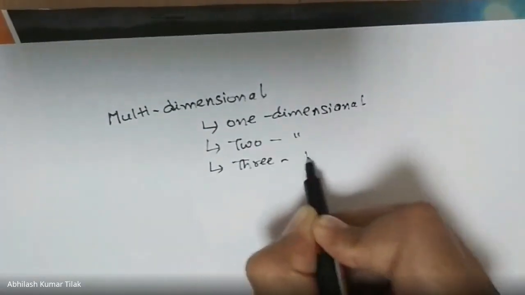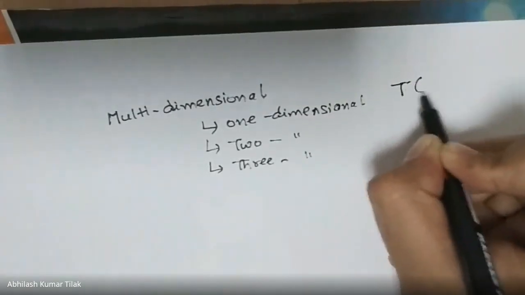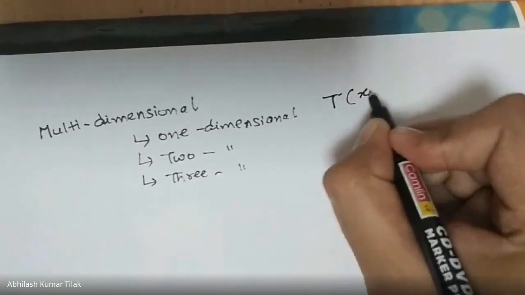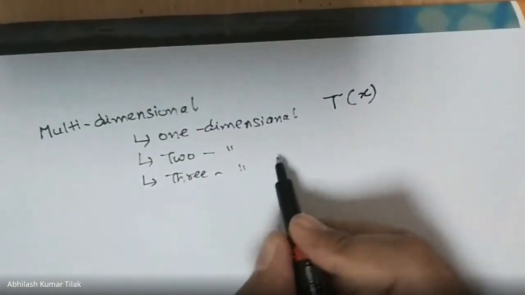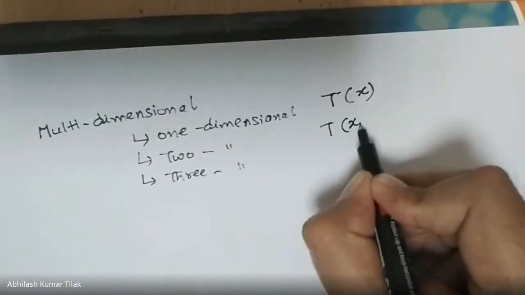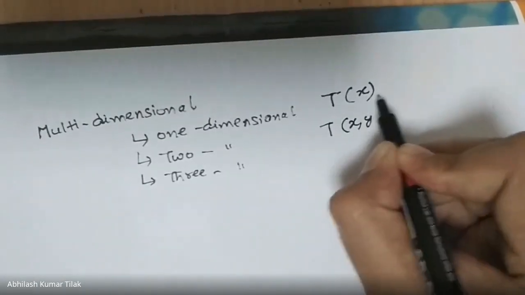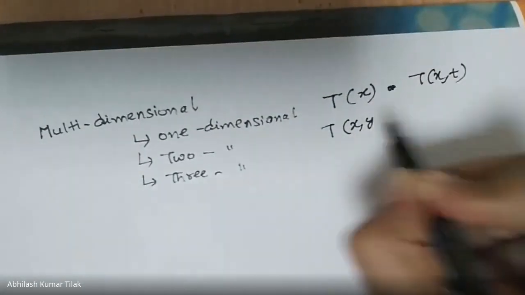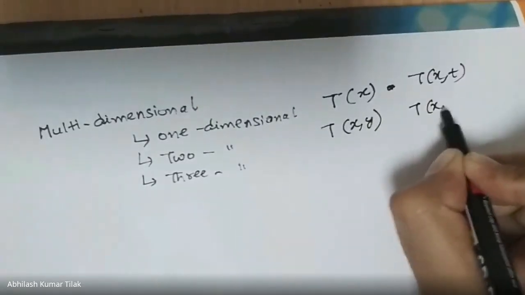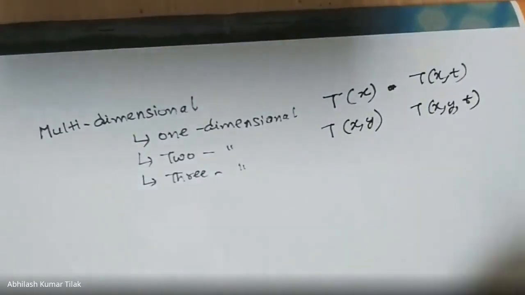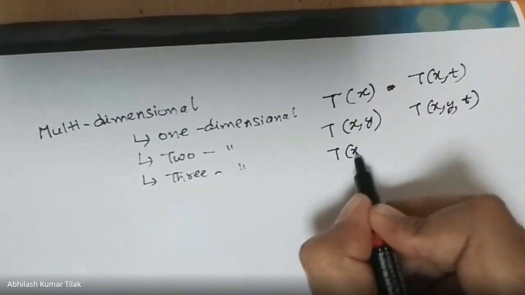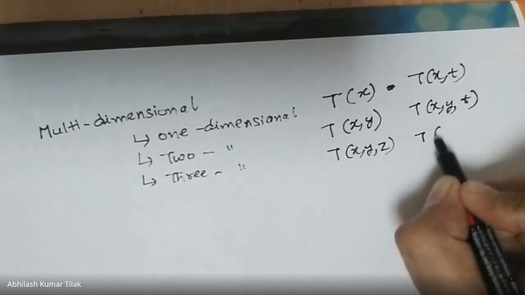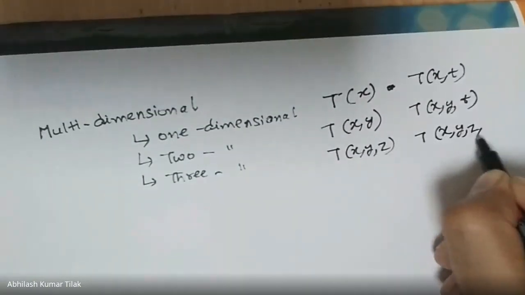In one dimensional, temperature is only a function of one coordinate, so T as a function of x. Two dimensional, say x comma y. If you include time as well, in one dimension it will be x comma t, and in two dimensions it can be x comma y comma t. For three dimensions, it will be x comma y comma z for a steady state. For transient heat transfer, it would be a function of x, y, z as well as time t.